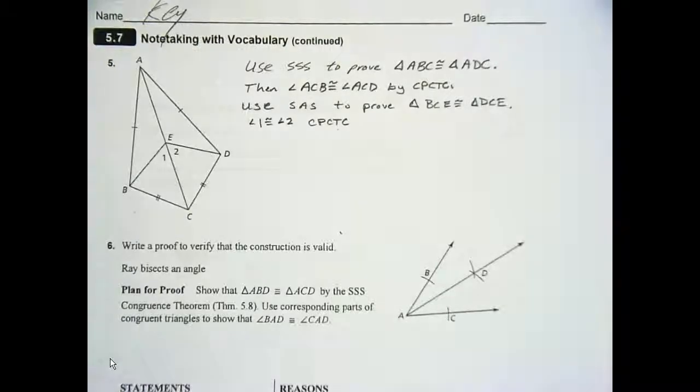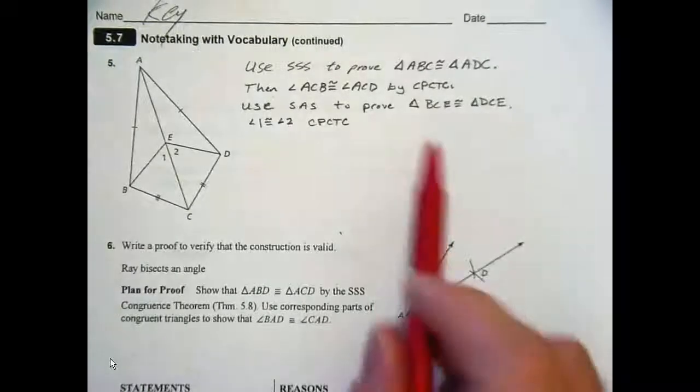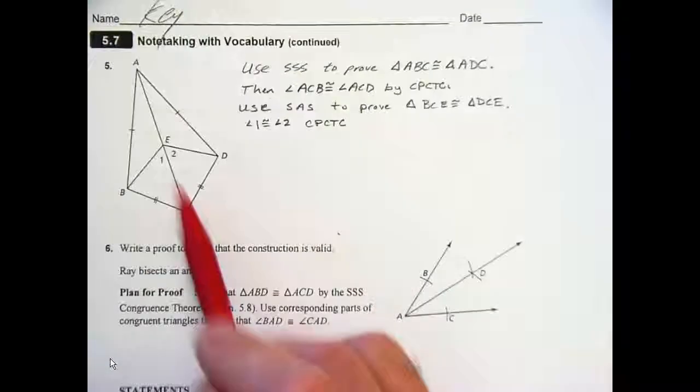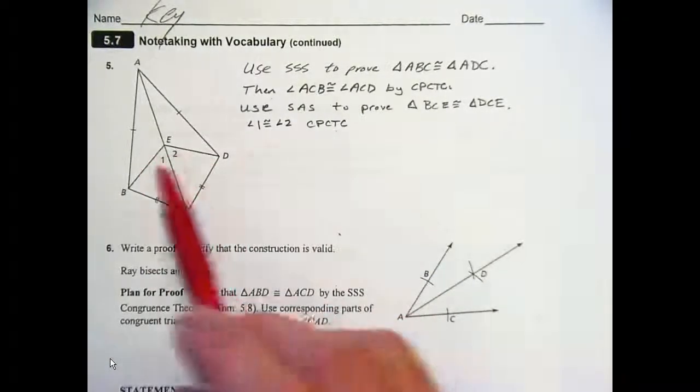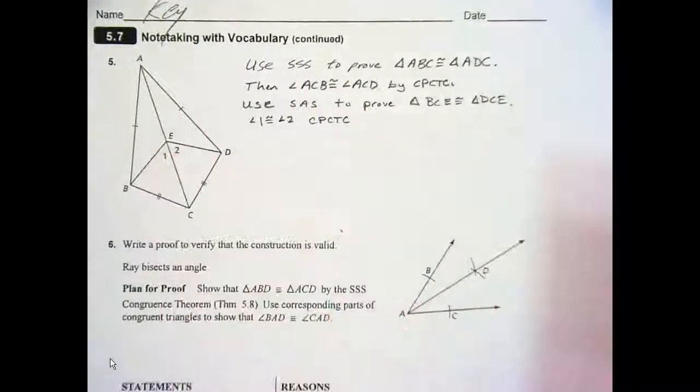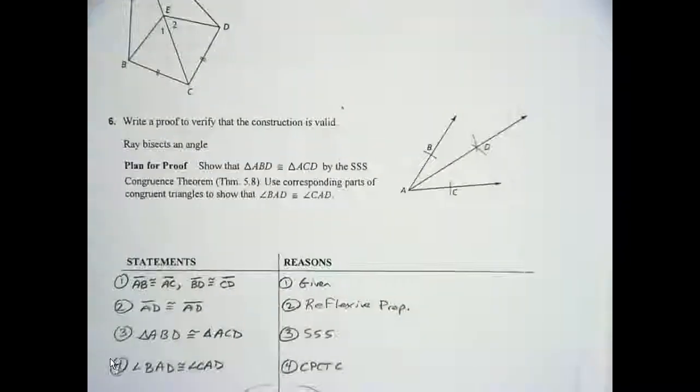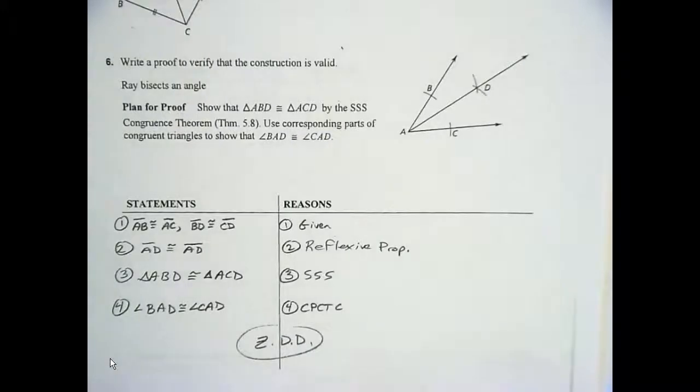And then use that to prove your other triangles, BCE and DCE congruent, and then angle 1 to 2. So using multiple triangle congruence there. And then the last one, you'd have your givens, and then the reflexive property. And then triangle ABD to ACD by side, and angle BAD to CAD by CPCTC.